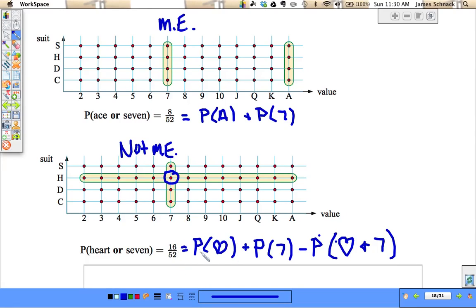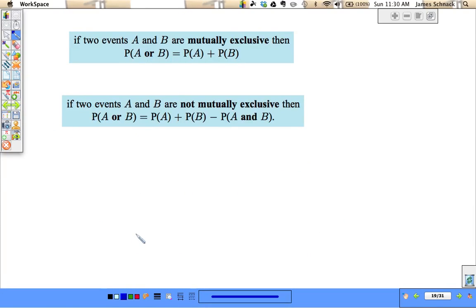This is 13 out of 52 plus 4 out of 52 minus 1 out of 52. And that is what these two things summarize. Mutually exclusive events, we simply add the two probabilities. If we have an event that is not mutually exclusive, we add the two probabilities, but then we have to subtract whatever the probability is that were both things at the same time.